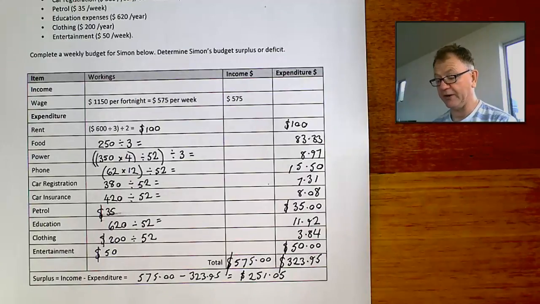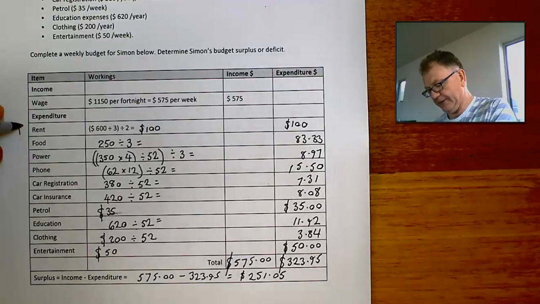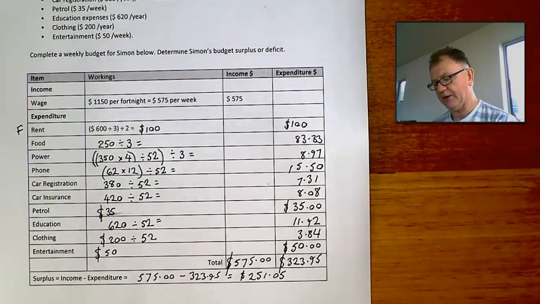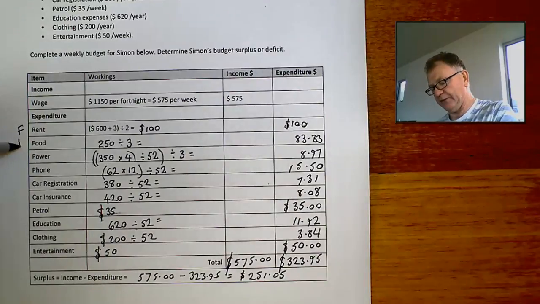Now, for instance, rent is a good example of what we would call a fixed expense. Put F for fixed, because he must pay it every week and there's nothing that he can do about the amount. Whereas food, well, I suppose if they went without a few luxury items or something like that, they could make some possible savings on food. That makes it a discretionary item.